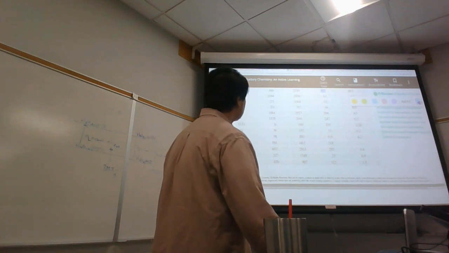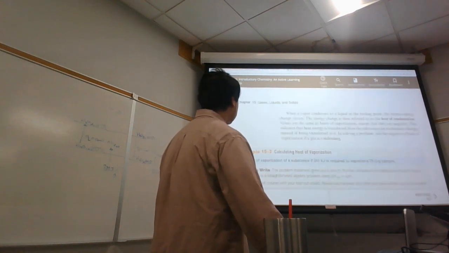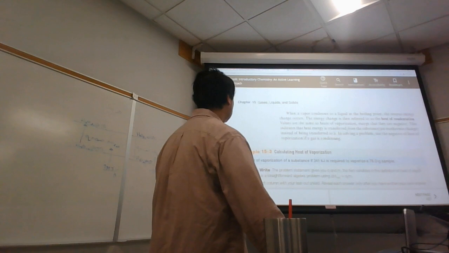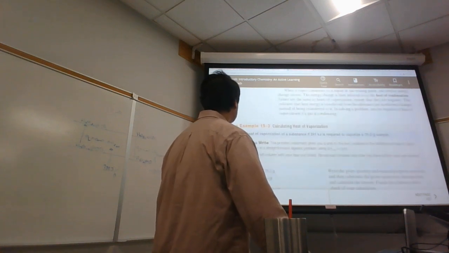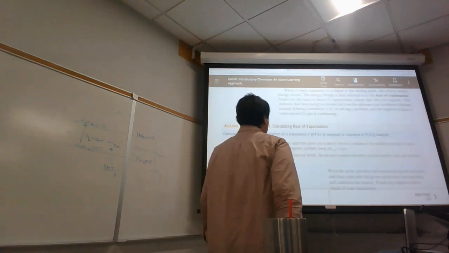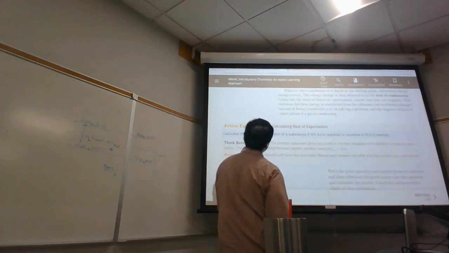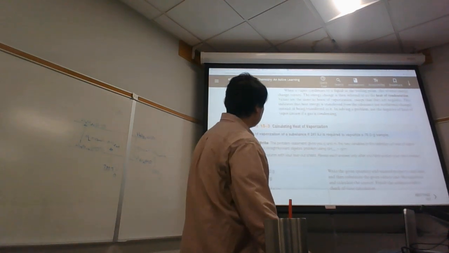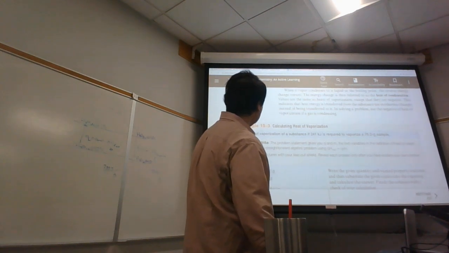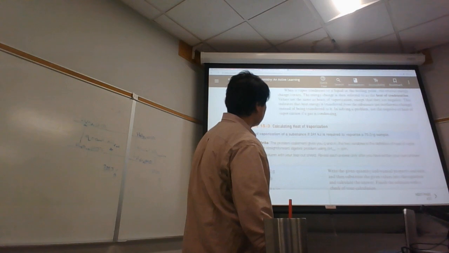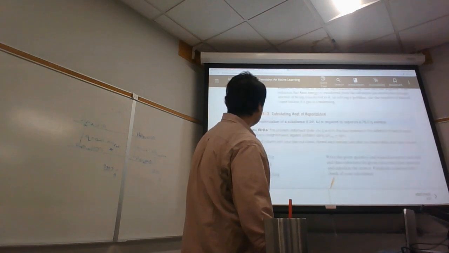Okay, so let's take a look at some calculations here. This is 15.3, calculating the heat of vaporization of a substance: 241 kilojoules is required to vaporize 78.2 grams of sample.